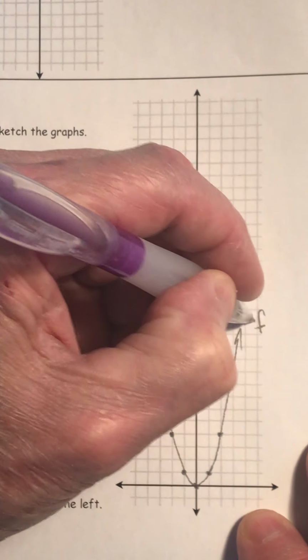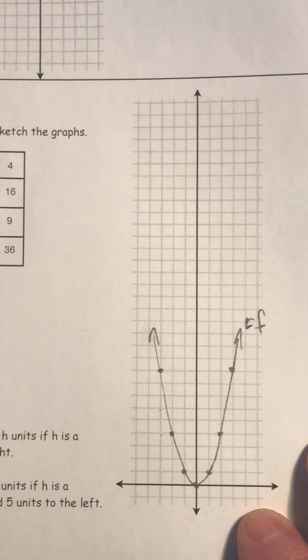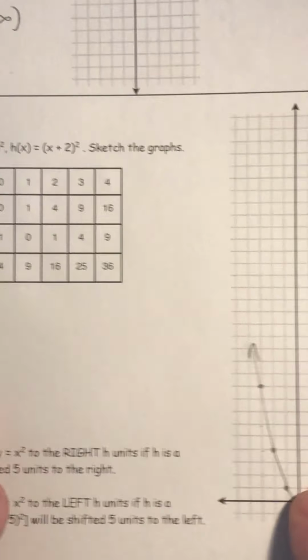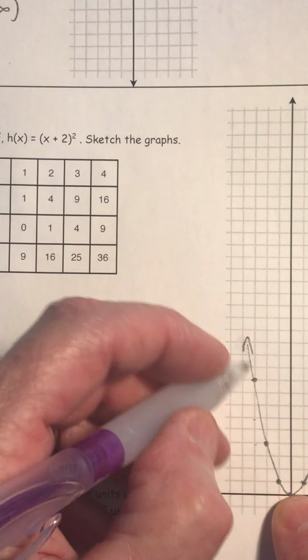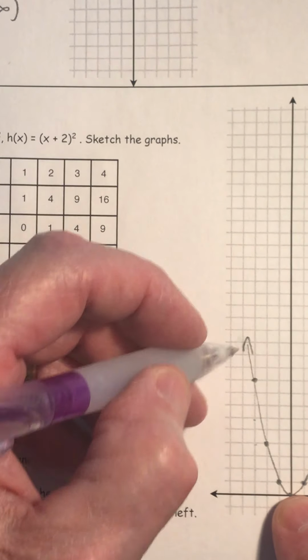Okay, that's f. Now g of x, (x minus 1) squared. At -4, this went further and I didn't bother to include it before, but that's okay.